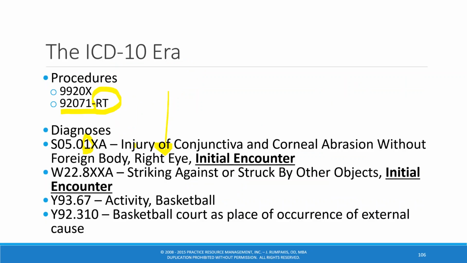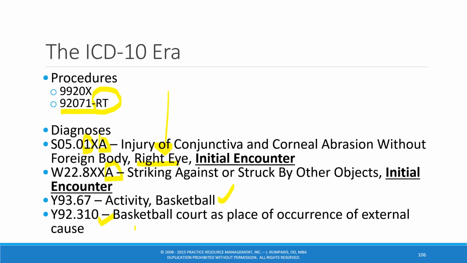So how would I code it in the ICD-10? Injury of conjunctiva and corneal abrasion without foreign body, right eye, initial encounter. What was I doing? Striking against or struck by another object, initial encounter. So the A here matches up with the A here. Activity, basketball.